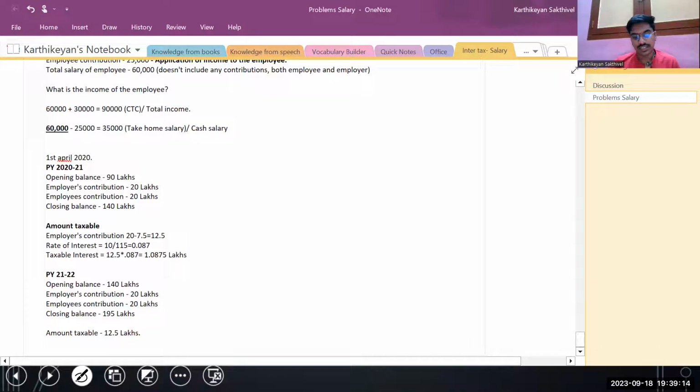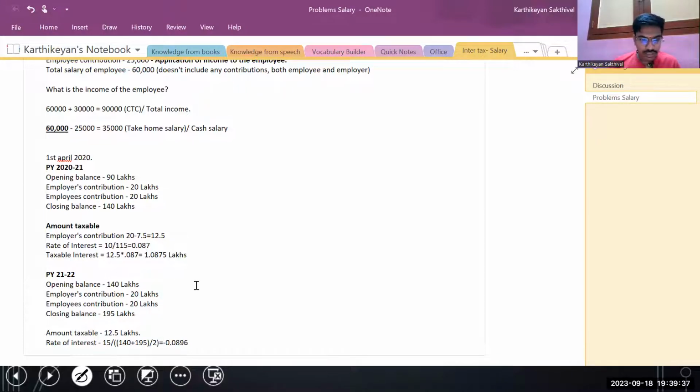What is the rate of interest? So basically it will be 15 lakhs divided by 140 plus 195 divided by 2. Correct?